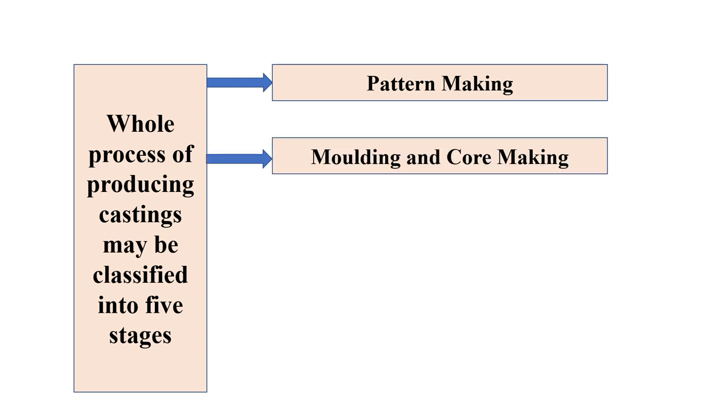After preparation, the pattern is sent to the molding section, where the mold is prepared with the help of the pattern, and the core is separately made and, after baking, put into the drag part of the mold.